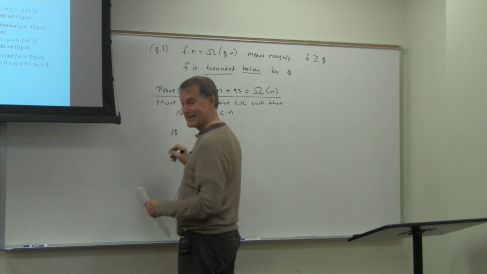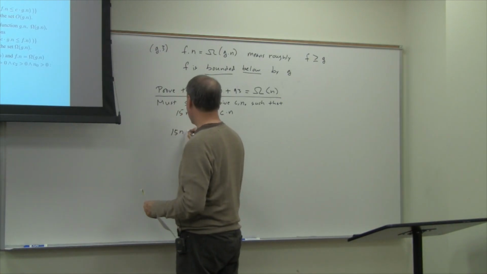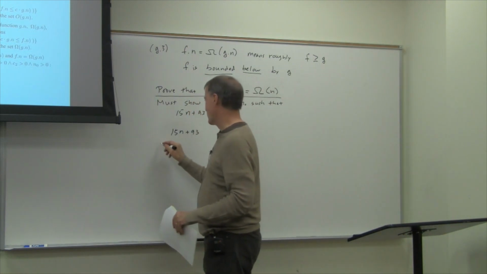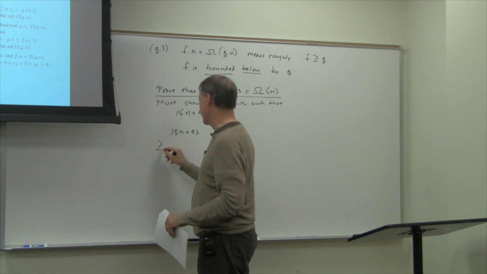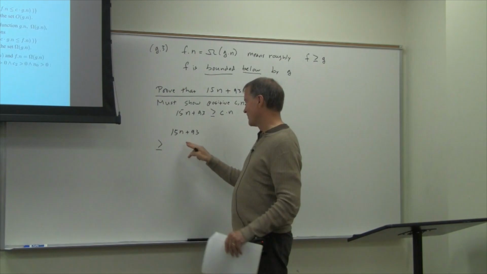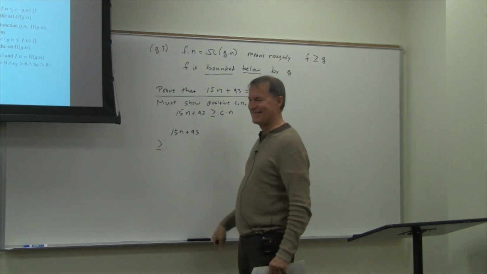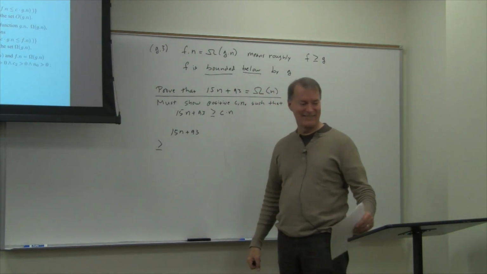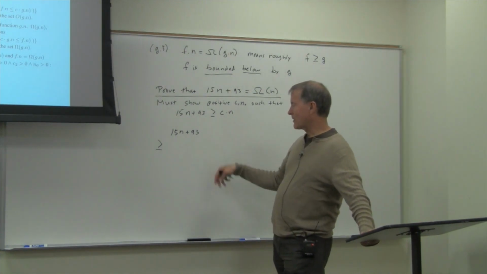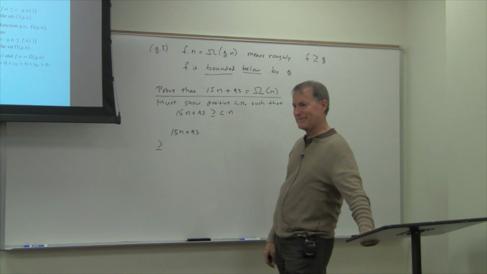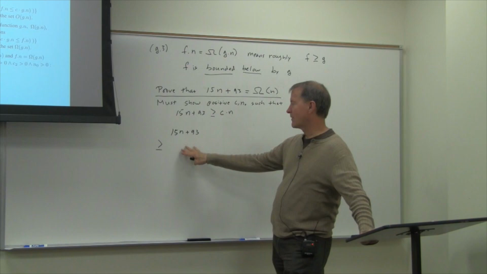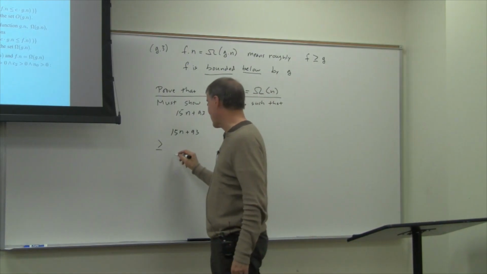Now this is kind of interesting. 15n plus 93 is greater than or equal to 15n.